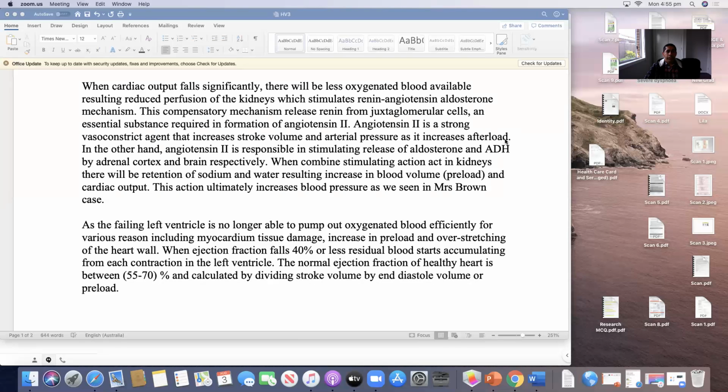When ejection fraction falls to 40 or less, residual blood starts accumulating from its contraction in the left ventricle. The normal ejection fraction of a healthy heart is between 50 to 75% and is calculated by dividing stroke volume by end diastolic volume.